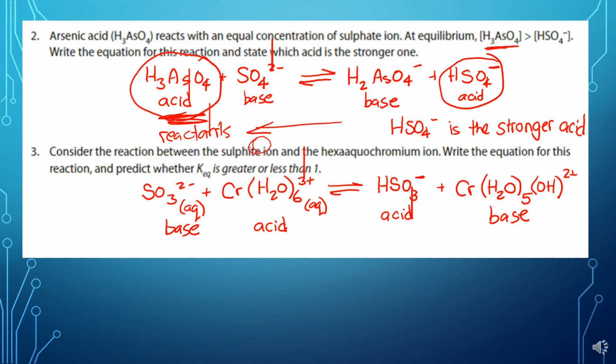Now, we want to predict whether Keq is greater than or less than 1, which is basically another way of saying are the products or the reactants favored. So we're going to compare the two acids. I've got an acid here and an acid here. You'll notice that the hexaaquochromium ion is stronger than the hydrogen sulfite ion. So that's pushing equilibrium towards the product side. So we're favoring the products.